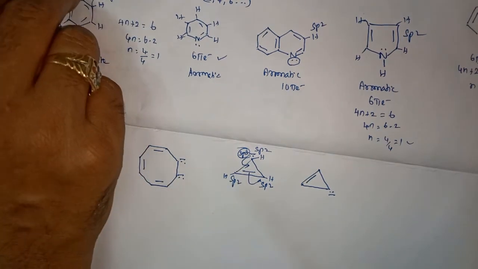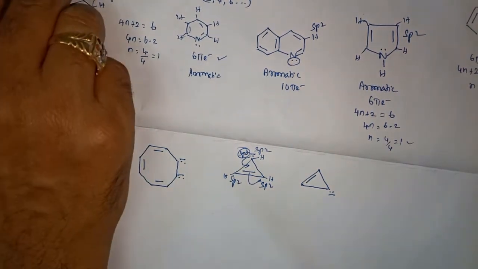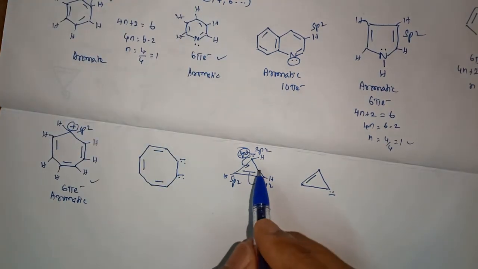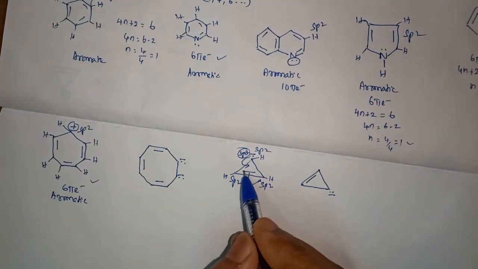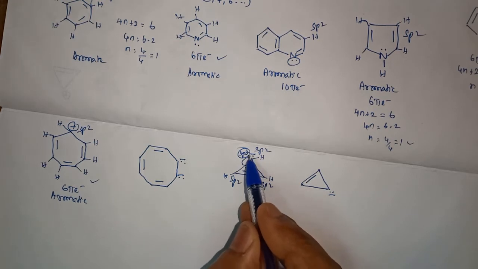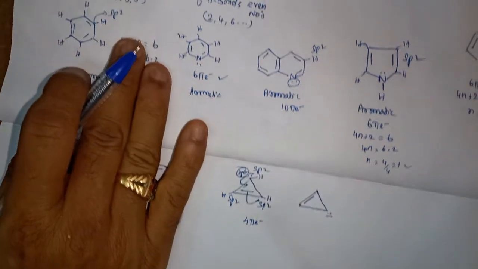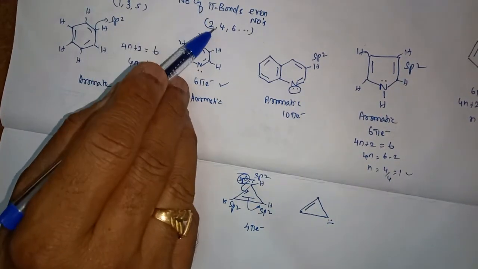My work is to check whether it obeys the 4n plus 2 rule or the 4n rule. I write how many pi electrons: here 1 pi bond, this also involves in the resonance, here 1 pi bond, totally 4 electrons. 4 electrons means an even number of pi bonds.